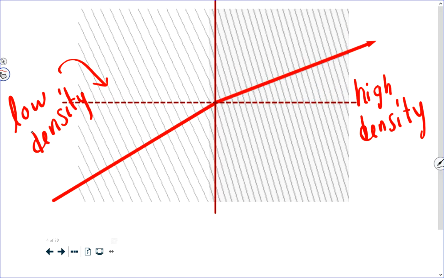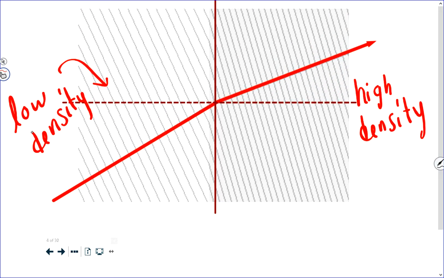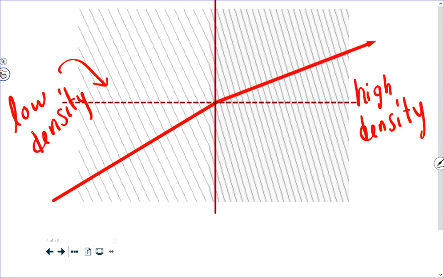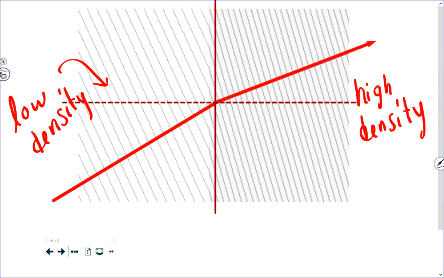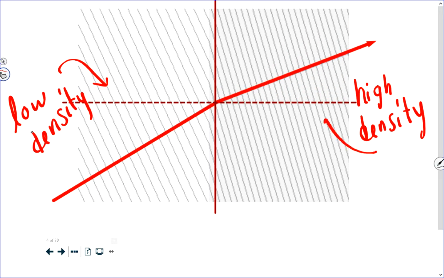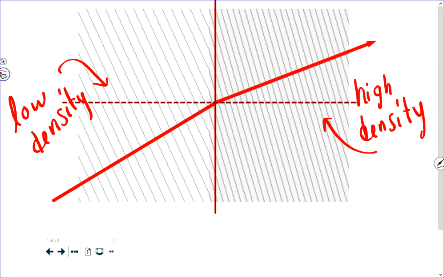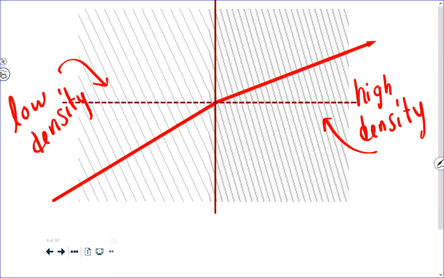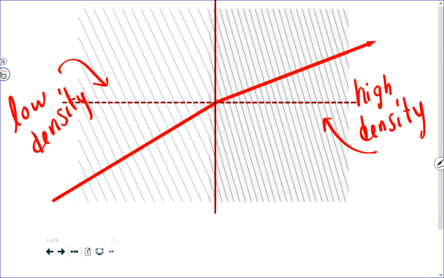Now, we don't need to worry about what the specific substances are. It really doesn't matter. Basically, if you have a medium or a substance or a material and it has a high density, then what that means is it takes the wave longer to travel through it. The wave travels slower.